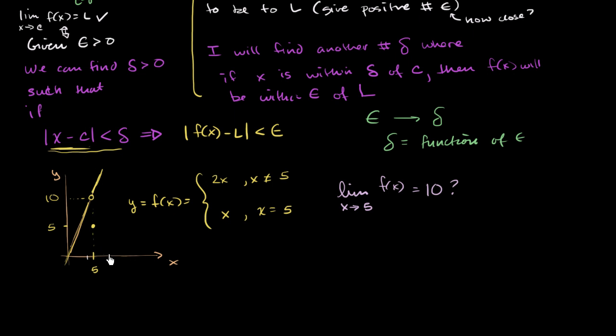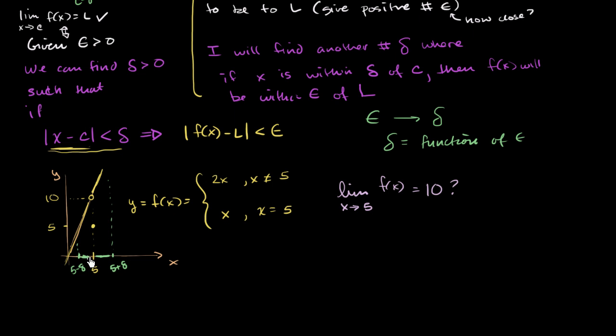So let's think about being within delta of our c. This right over here is 5 plus delta. This is 5 minus delta. So that's our range we're going to think about. We're going to think about it in the abstract at first, and then we're going to try to come up with a formula for delta in terms of epsilon. So how can we describe all of the x's that are in this range but not equal to 5 itself?